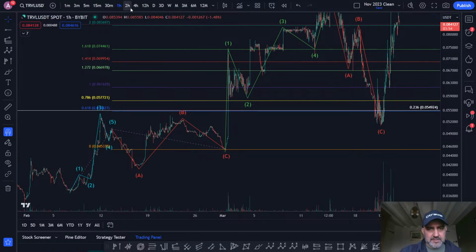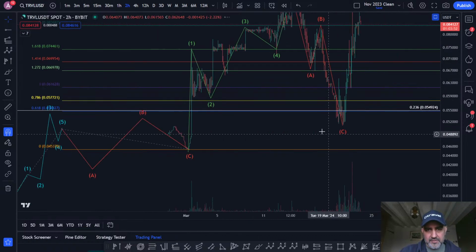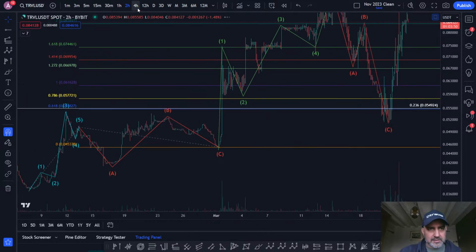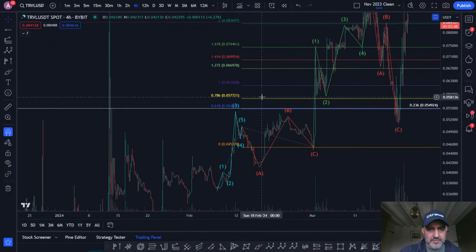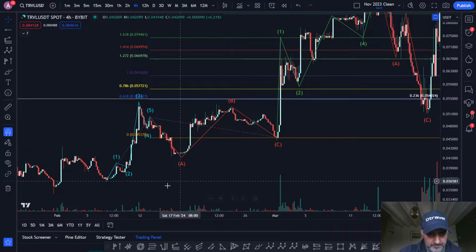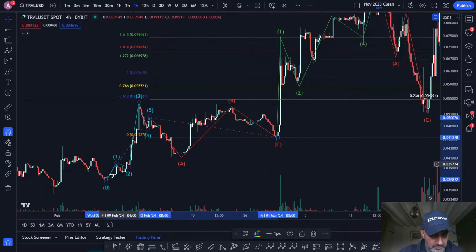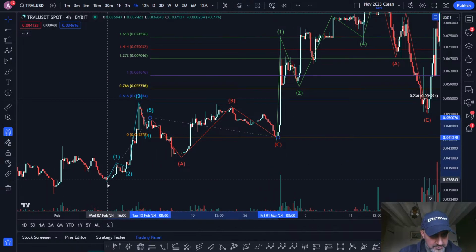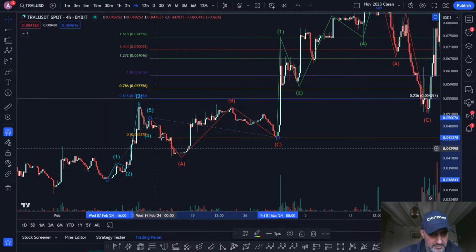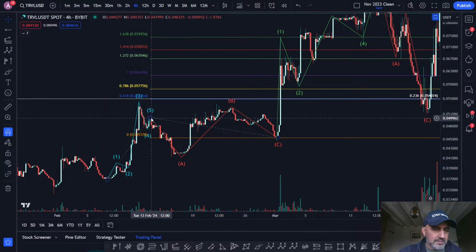Based on this idea that I have, let me zoom out again because it might be easier to see the candles. So basically where we're going from this low here to where the 5 ends, not where the top is, because sometimes you can get a M5, and the way to know where the 5 ends is to count the waves.